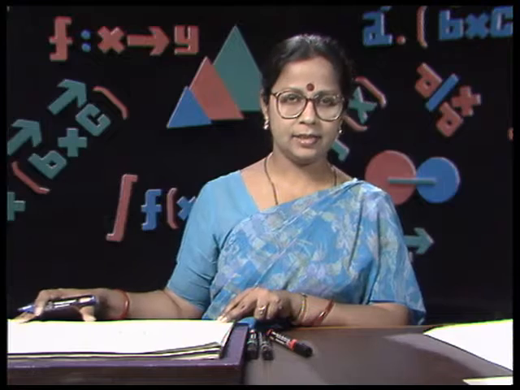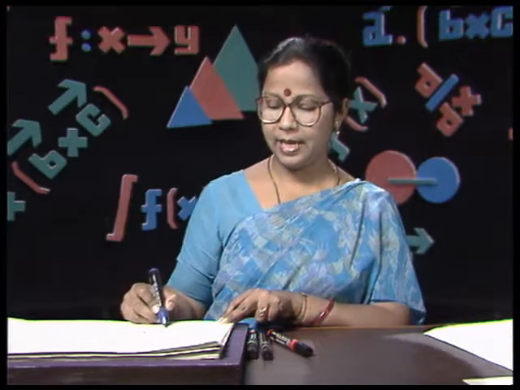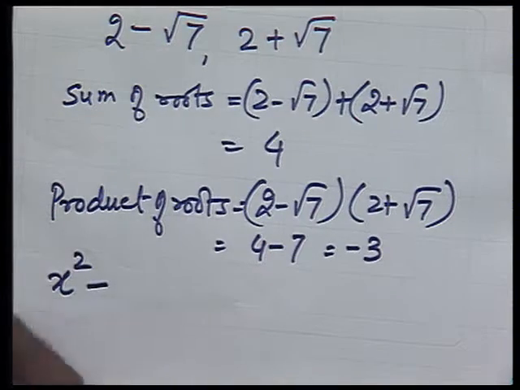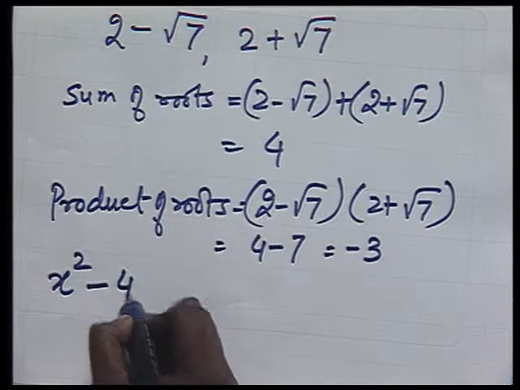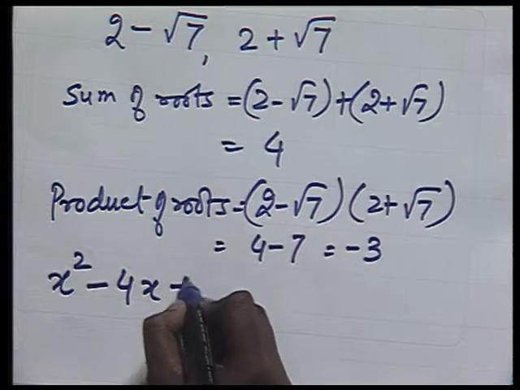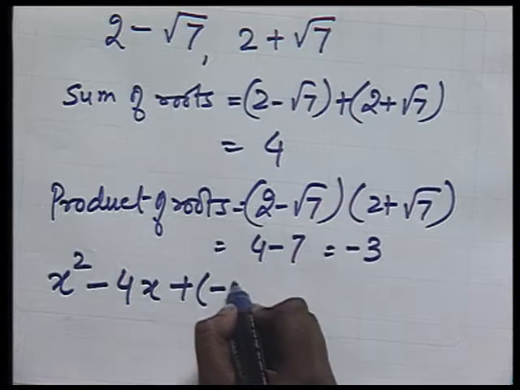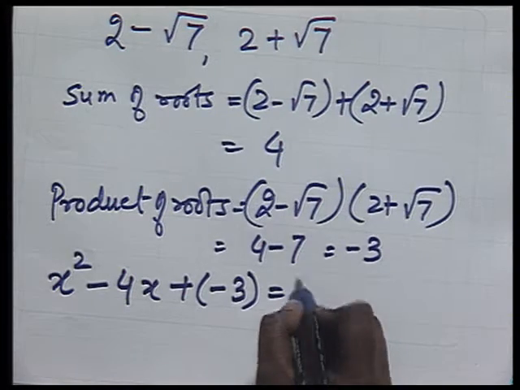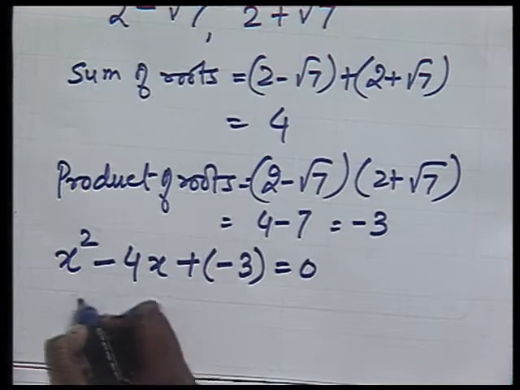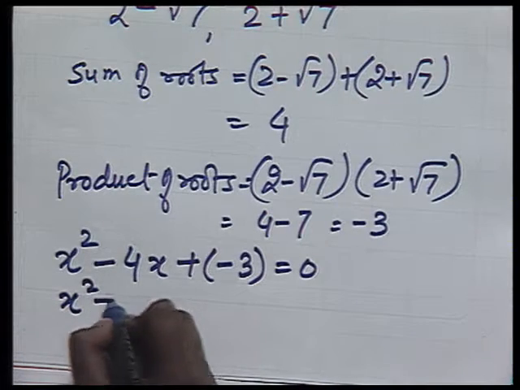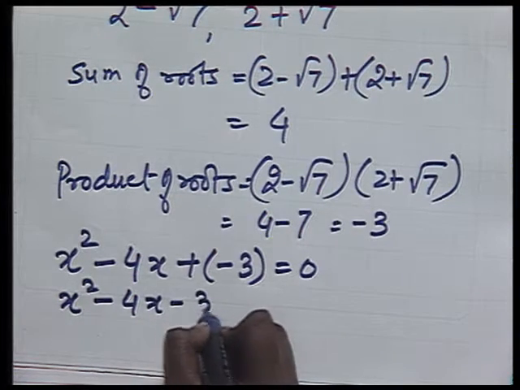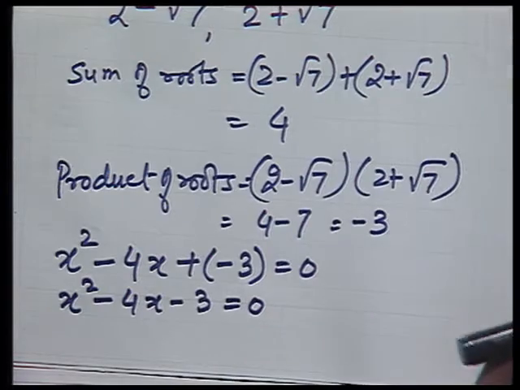And hence, as per our earlier result, the equation will become x square minus sum of the roots, that is 4 into x, plus product of the roots, that is minus 3, equal to 0, or we can further write it as x square minus 4x minus 3 equal to 0.